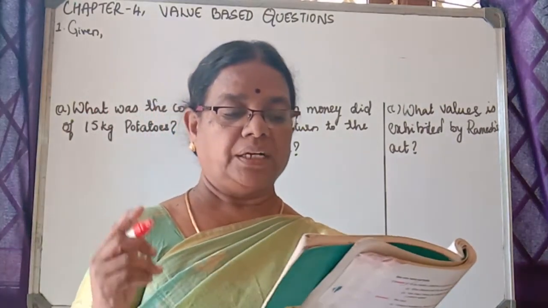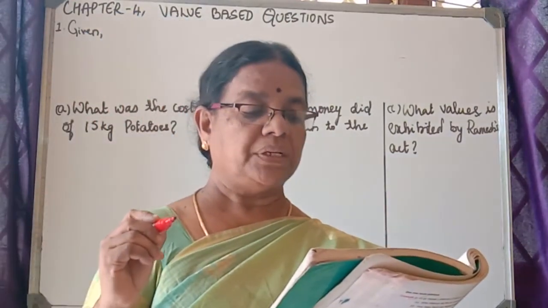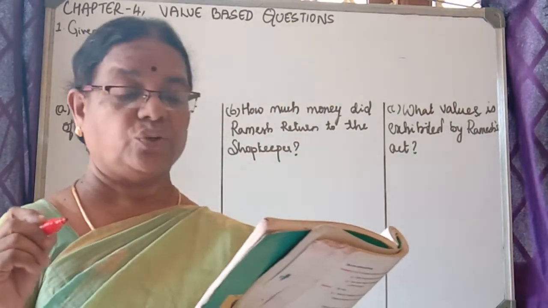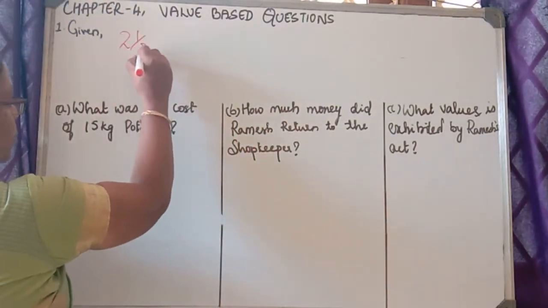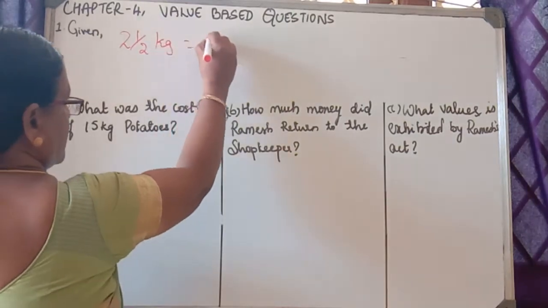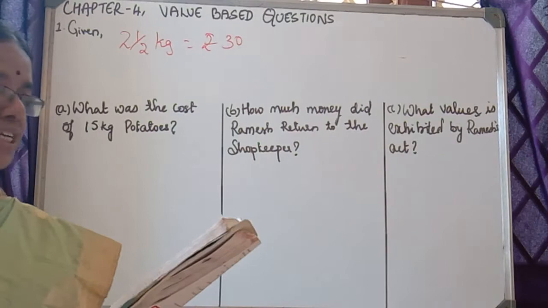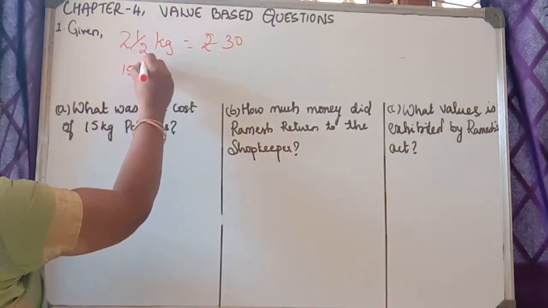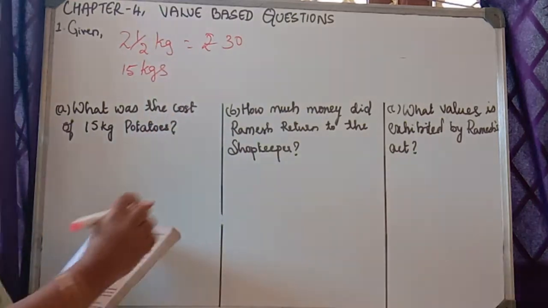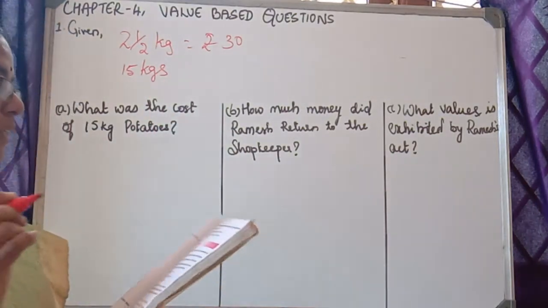Ramesh went to the market to buy what? Potatoes. He found a shopkeeper selling 2.5 kg potatoes for rupees 30. How many kg? 2.5 kgs is equal to rupees 30. Ramesh bought 15 kg potatoes. How many kgs did he buy? 15 kgs from him and gave the shopkeeper rupees 500.